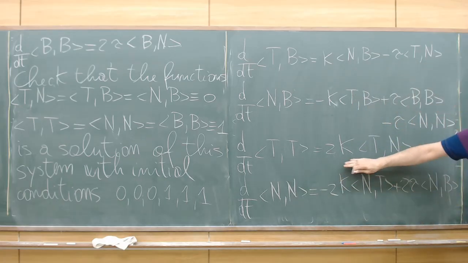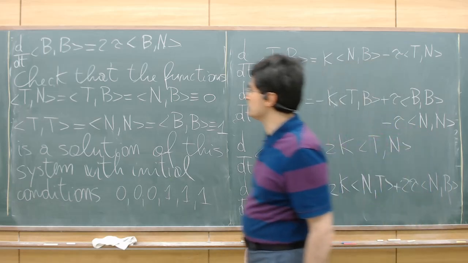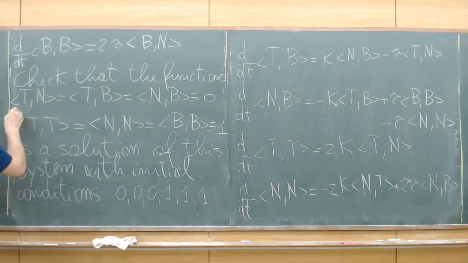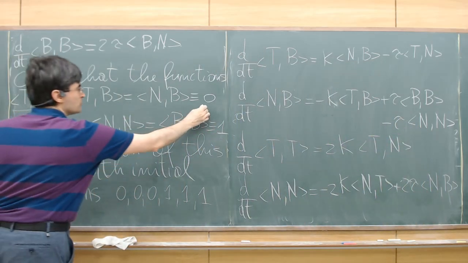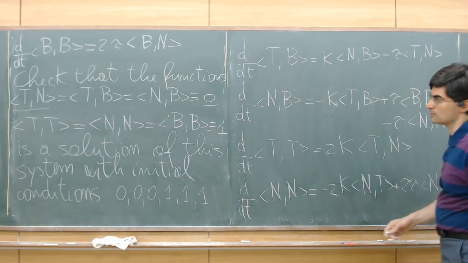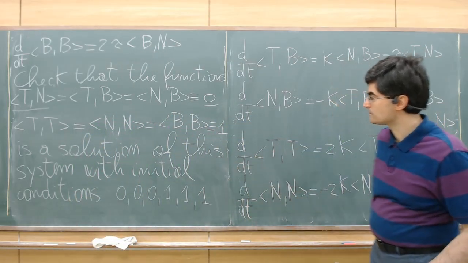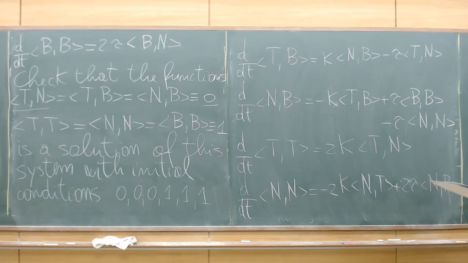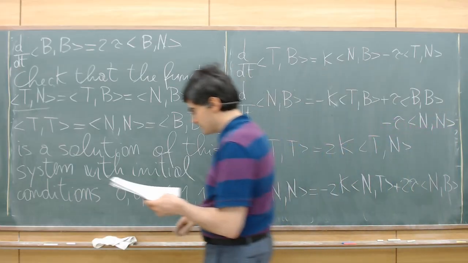What about the right hand side? TN is 0 because of what we wrote here, TN equal to 0. And you can continue, it's very easy to check that this statement is true. And now I have to erase.